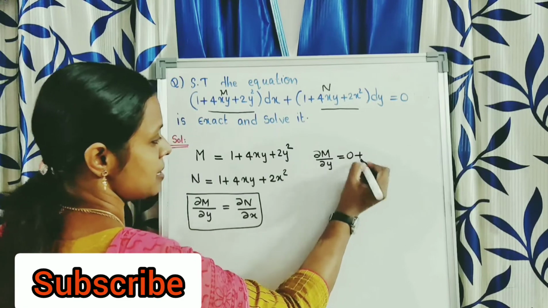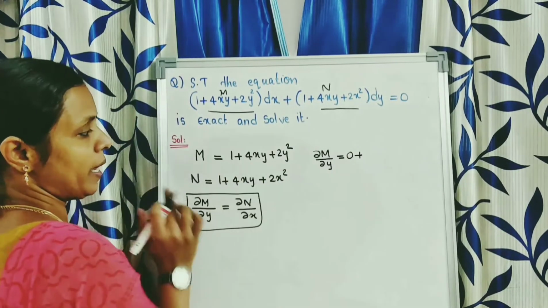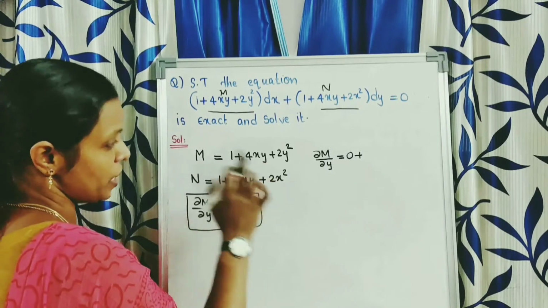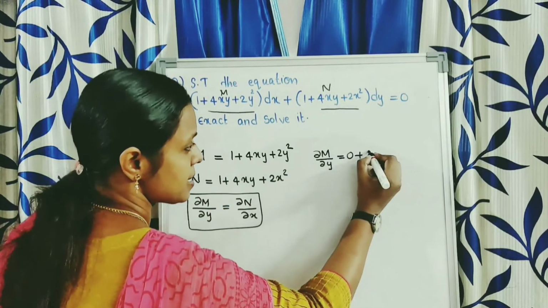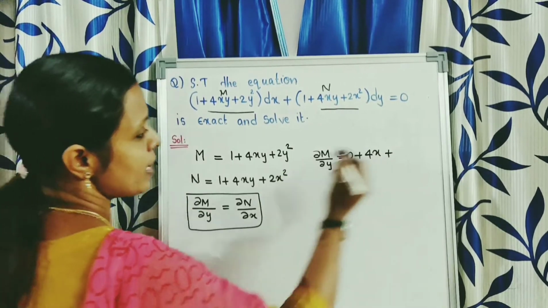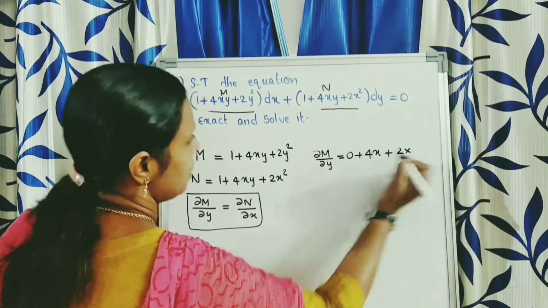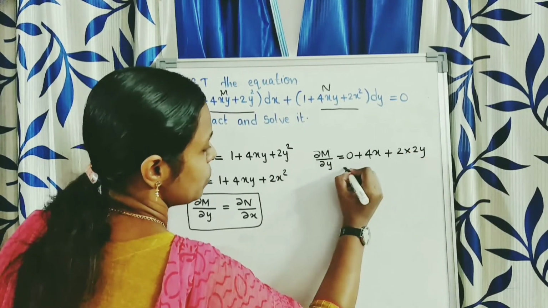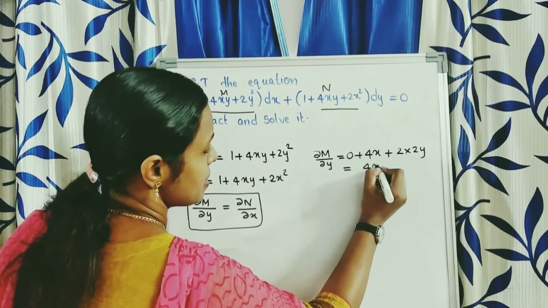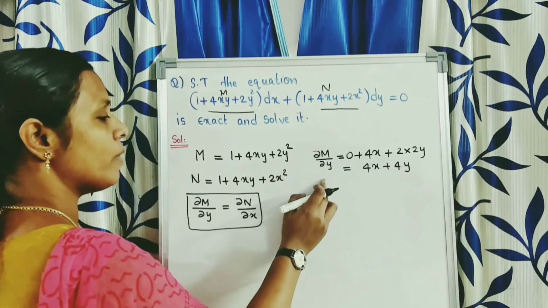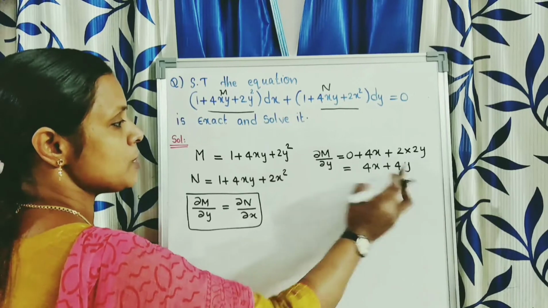Plus, in 4xy, consider 4x as constant and differentiate y, we get 4x. Plus the derivative of 2y² is 2 into 2y, that is 4y. So ∂M/∂y is equal to 4x plus 4y.